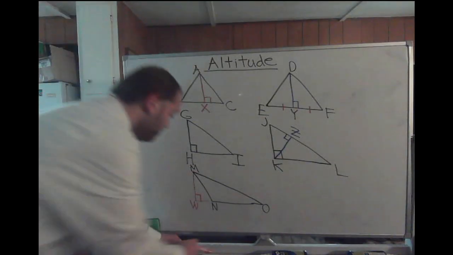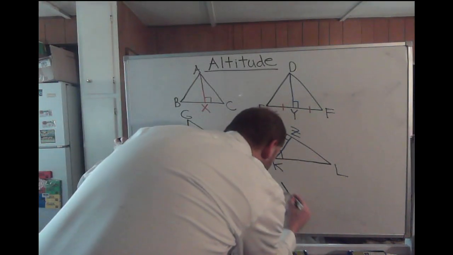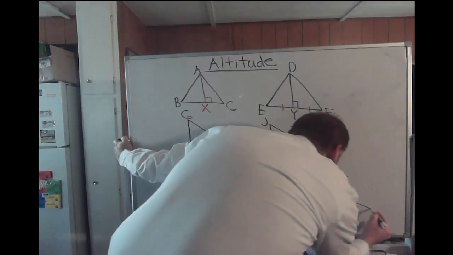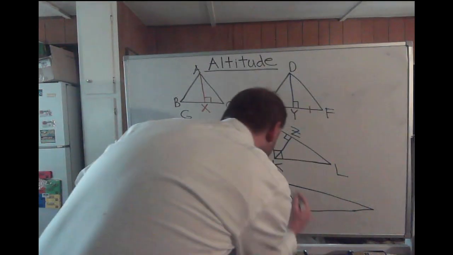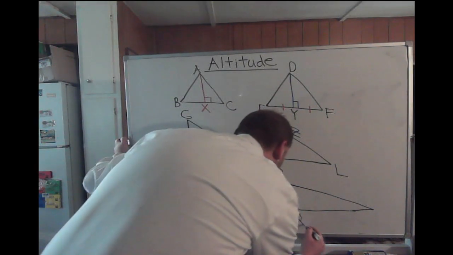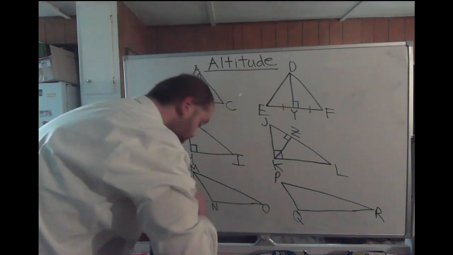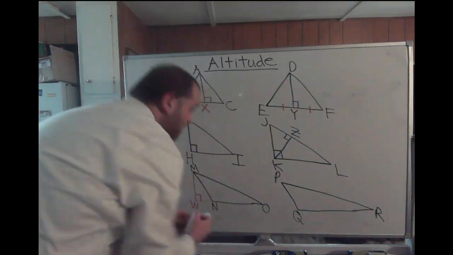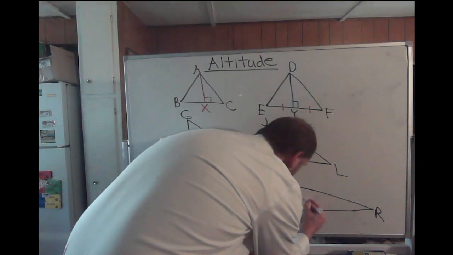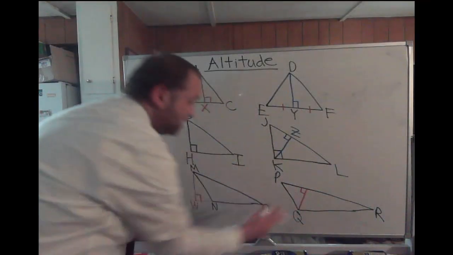And then, of course, you could end up having an obtuse triangle like we just had here, where, let's see, let's call this PQR. We'll call this triangle PQR, another obtuse triangle, where you actually have an altitude right here inside of the triangle.